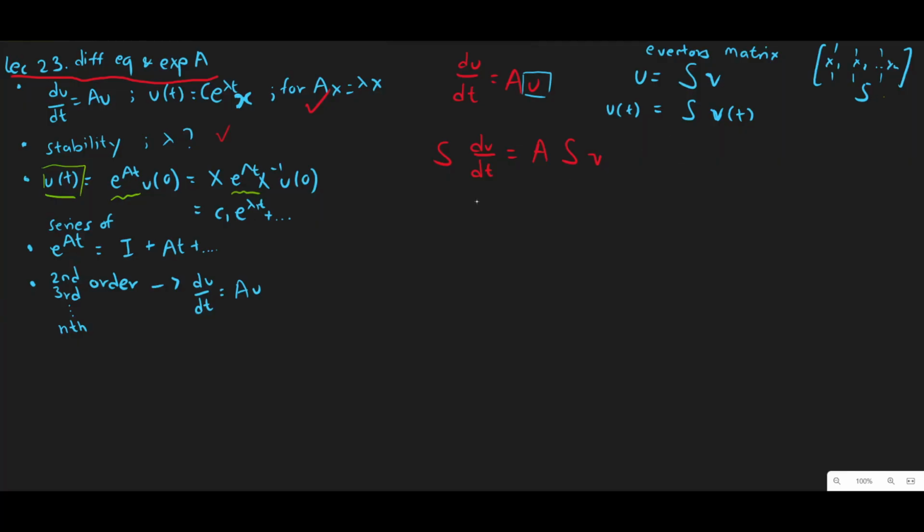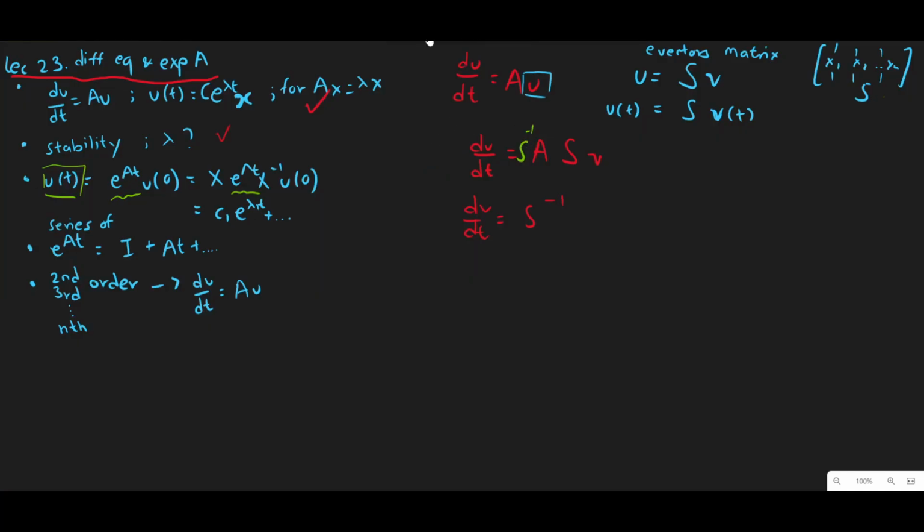So let me continue this. I want to isolate dv over dt, so I'll multiply by S inverse, and it goes into the right-hand side. This becomes the identity, and so on.